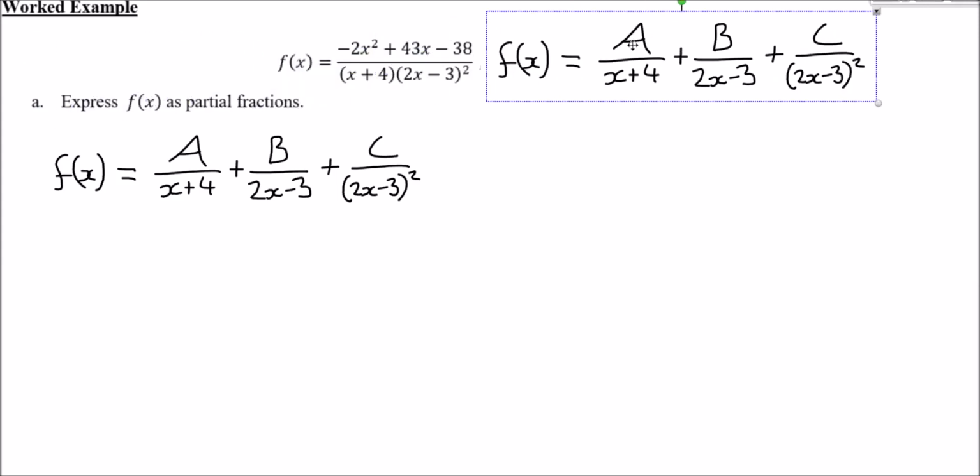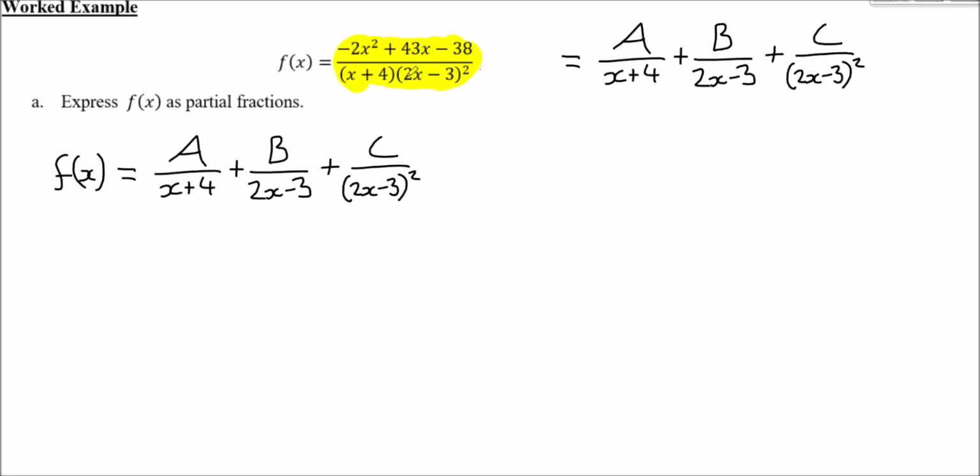So we set this equal to that. If I just multiply through both sides by x plus 4, 2x minus 3 all squared, then these denominators will all cancel and we'll have factors multiplying a, b and c. So we're going to have just this numerator left.